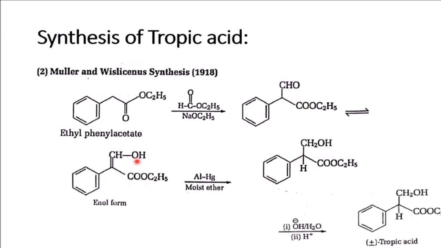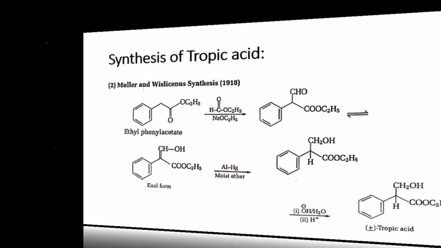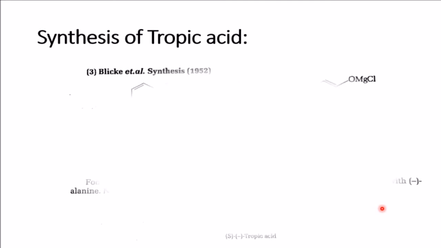So the enol form, through tautomerism, is treated with aluminum amalgam and moist ether. When it is treated with aluminum amalgam and moist ether, it is going to give this primary alcohol, and then treated with base hydrolysis followed by acid treatment, it is going to give the racemic mixture of tropic acid.